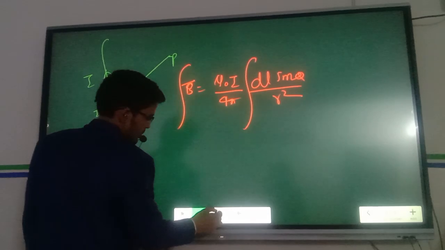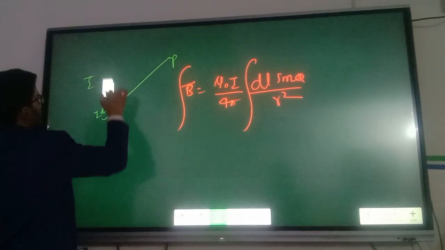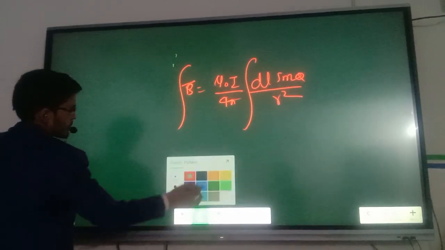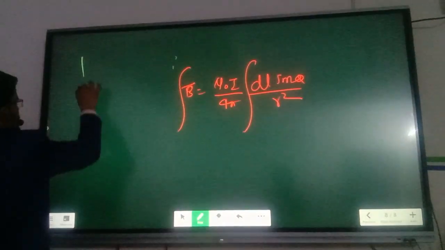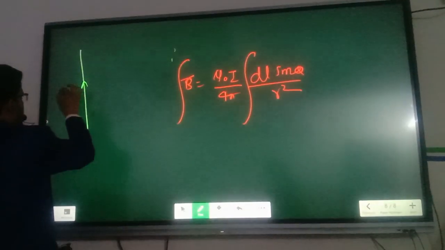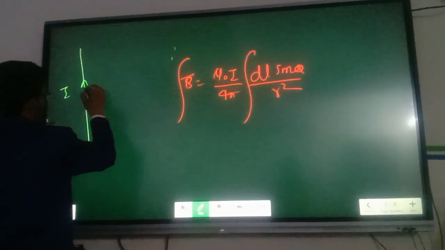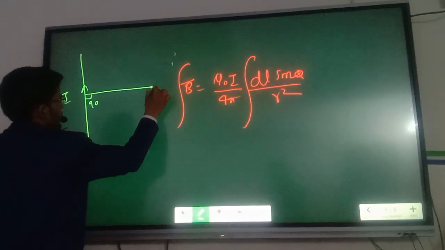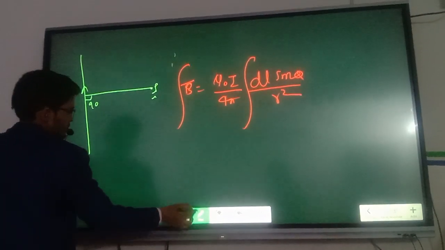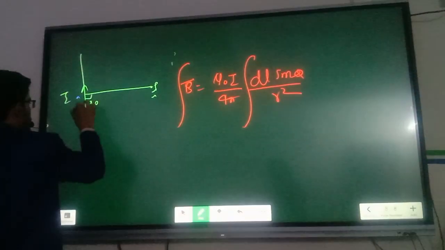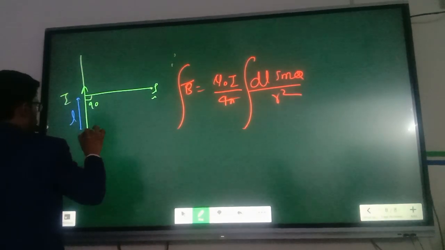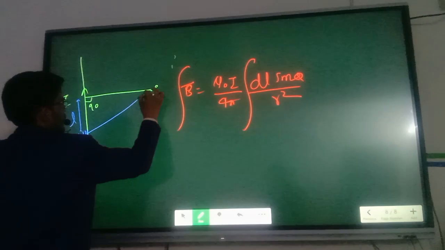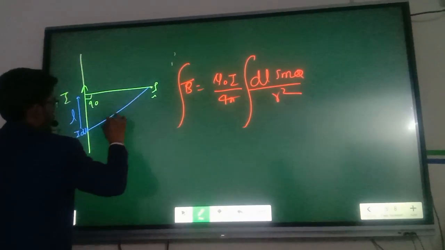So in this question, this is the wire and current I, this is the perpendicular distance at 90 degrees, and this is point P. Length L we have set, and both points are connected. R vector is given.